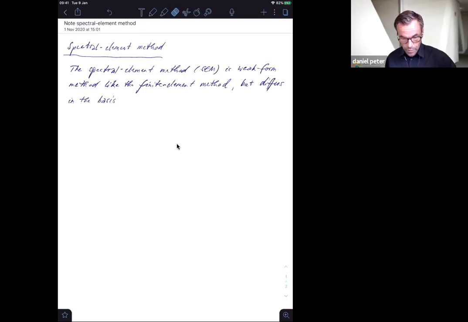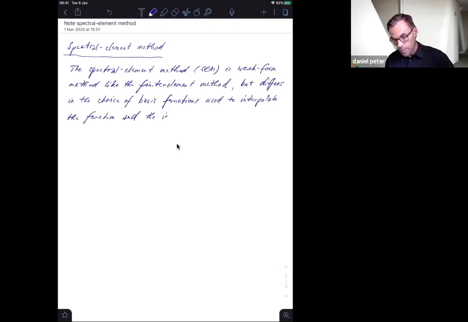In the choice of basis functions and the integration rule that we use together with that, which is used to interpolate the function, and the integration rule. So think of these two points where it differs.